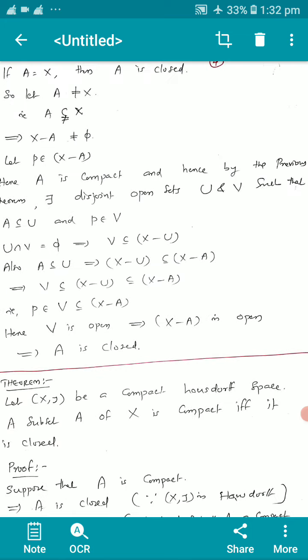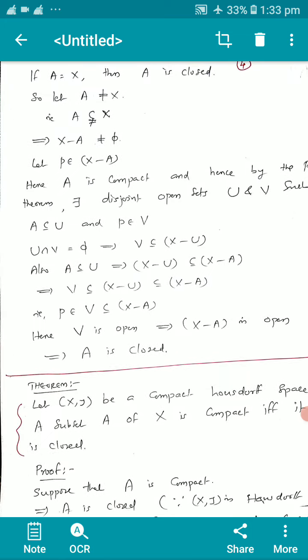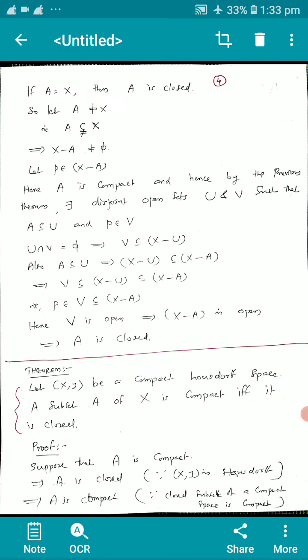Here A is compact, and hence by the previous theorem there exist disjoint open sets U and V such that A is a subset of or equal to U and p is an element of V, with U intersection V equal to phi.